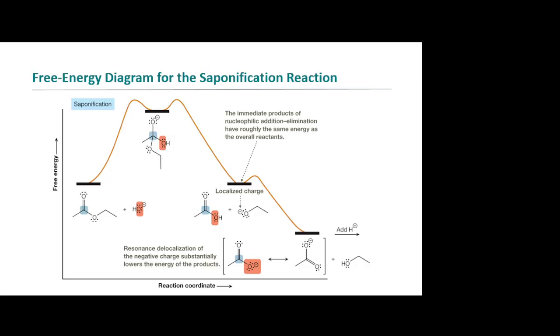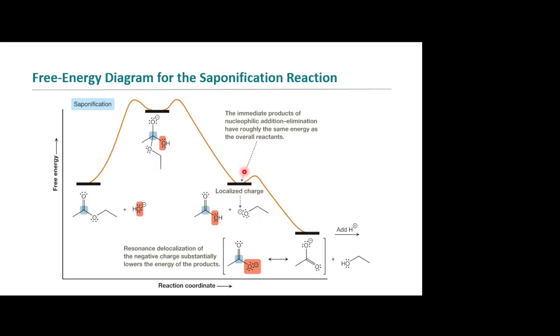But sometimes they don't get time. So this is your free energy diagram for saponification. And what we're seeing here is we got the ester. It's then going to react with the OH minus. This is going to give us our tetrahedral intermediate. And again, that's going to be quite high energy. What's then going to happen is you're going to fall apart. That's going to give you your carboxylic acid and the alkoxide.